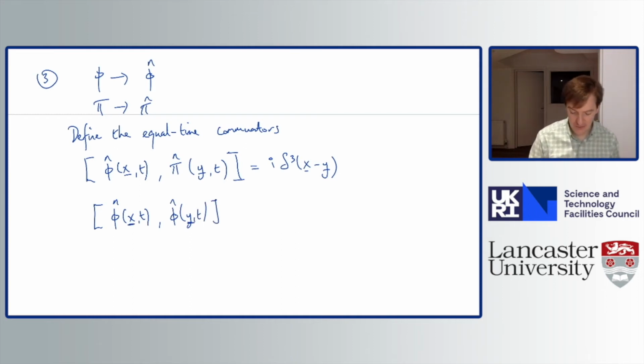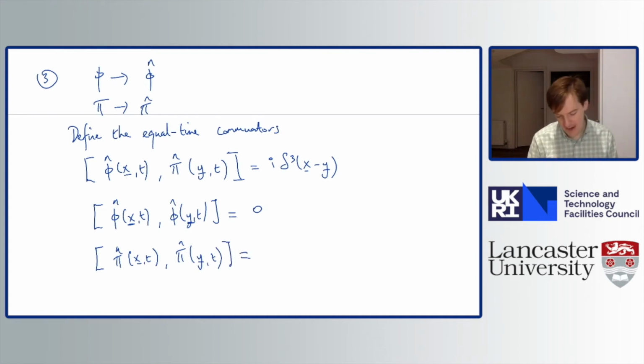Arrows to indicate their vectors. So this commutator is 0. Again, just as x with x in quantum mechanics was 0. And our conjugate momentum commutator is also going to end up being 0, in the same way that the momentum operators in quantum mechanics also have a commutator that's 0.